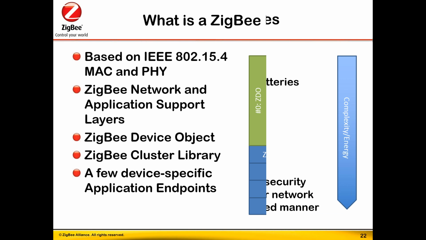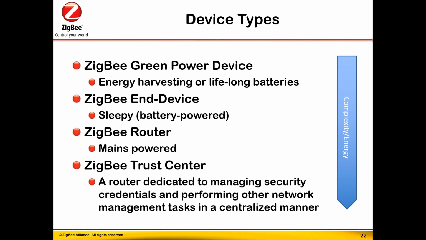It forms the mesh network for the end devices, for the green power devices, and for the applications that run on the routers themselves. And finally, the trust center, which Phil has talked about, is essentially a more advanced router with some centralized management of security credentials and other centralized network management tasks. From top to bottom, complexity increases. So next slide, please.